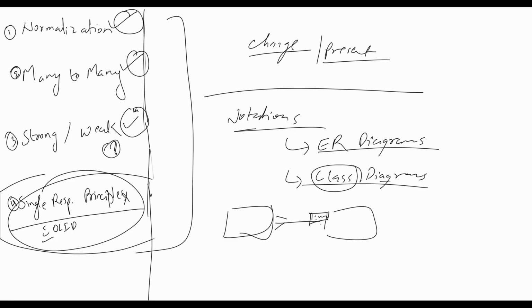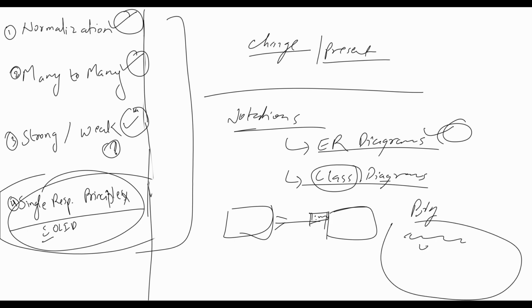But we'll be focusing more on entity relation diagrams, because when you have a very big complex database with many small entities everywhere, a diagram is the best way to depict your database.